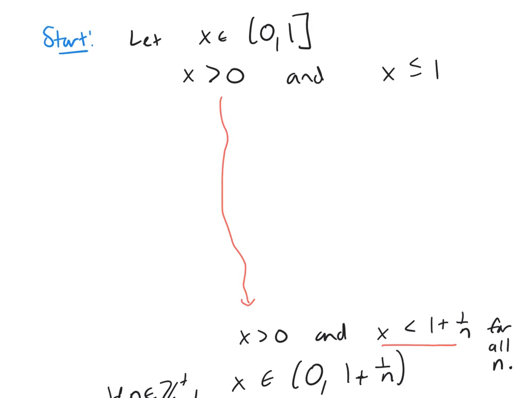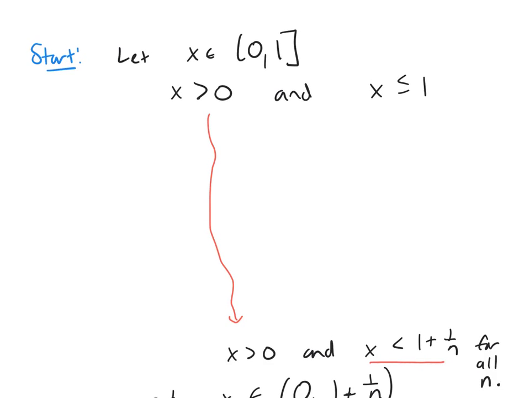So we're going to think about n, right? n is always at least 1, right? n represents a natural number, so n is greater than or equal to 1 for all n in Z plus.